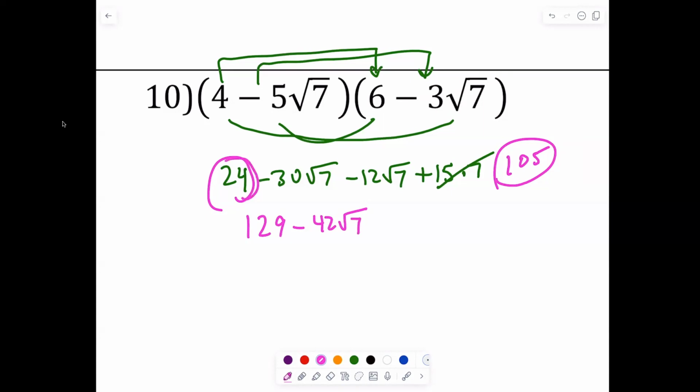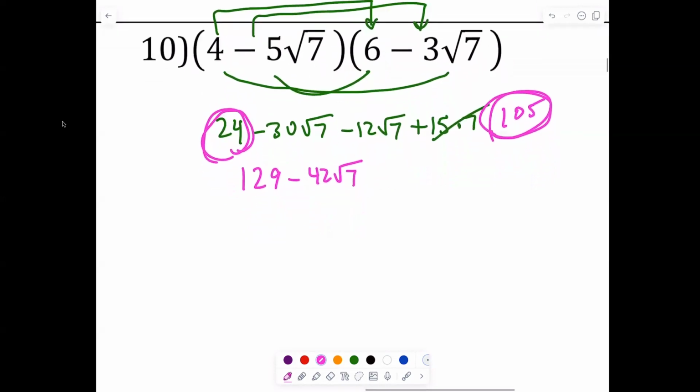This is a positive 24 and a positive 105. I'm not doing the inverse. I'm combining terms. You with me? Not like you would to get rid of the 105 on the right side. No, there's no right and left side. It's not an equal sign. You're simplifying, you're combining terms. Good with that?